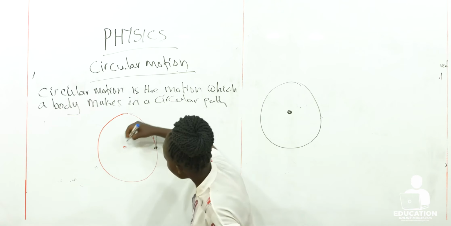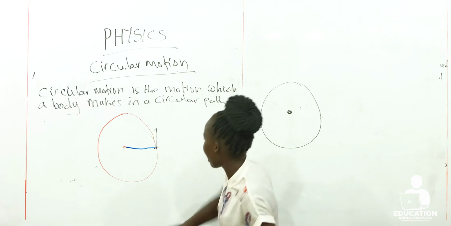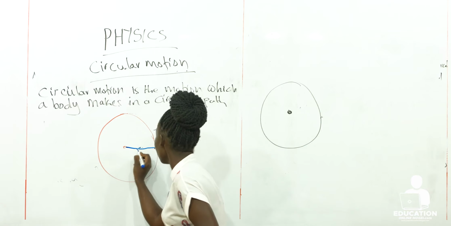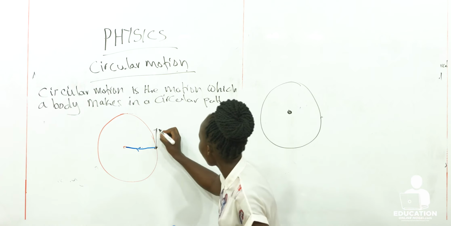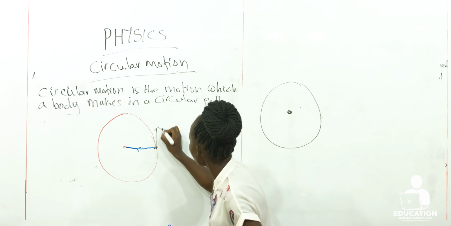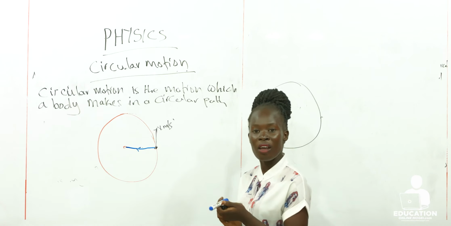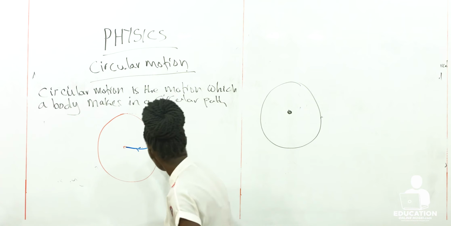So if this is my rope and it reaches this point here, this is how our tensional force will be acting. It will be moving towards the center, and this one here is our velocity in meters per second. But then we also have the weight of this bob acting downwards here.